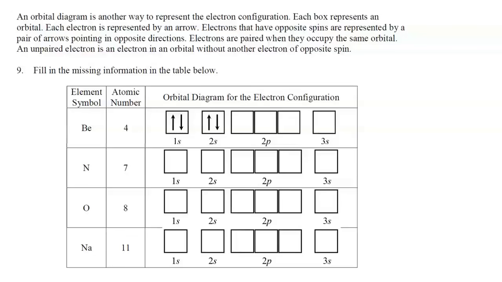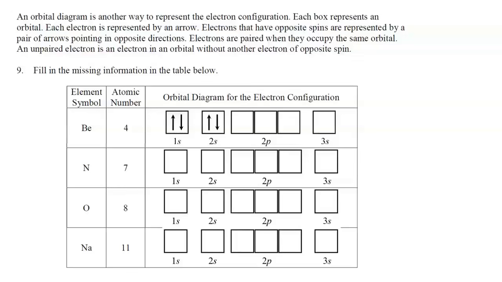So in the first row of this table, which has already been done for us, we have 4 electrons because beryllium has 4 electrons, atomic number 4. So we have 2 paired electrons in the 1s orbital and 2 paired electrons in the 2s orbital. So now we come to the 2p sublevel.